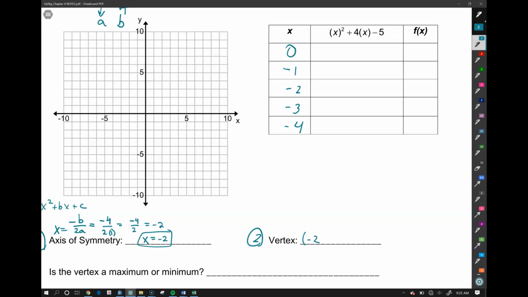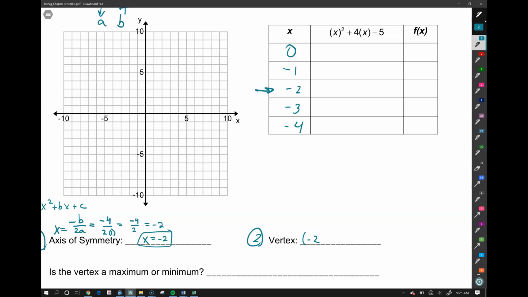So my x value, the axis of symmetry, is always going to be the middle number. And then I pick 2 numbers to the left and 2 numbers to the right of it. Because the axis of symmetry is the very bottom of the U, so whatever's on one side will be symmetric to the other side. So I want my axis of symmetry to be this middle number.